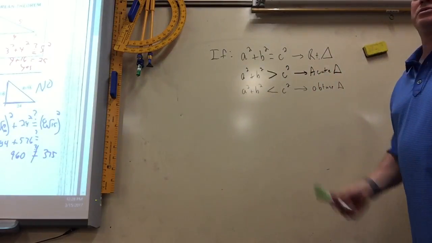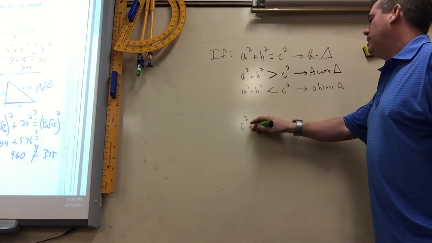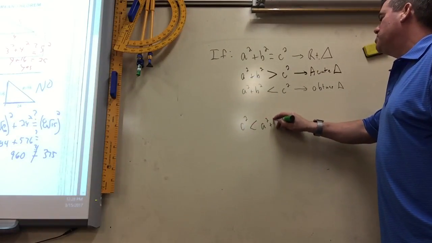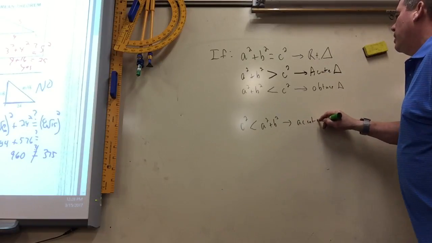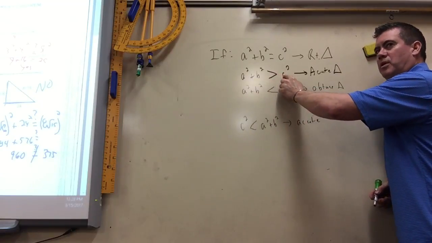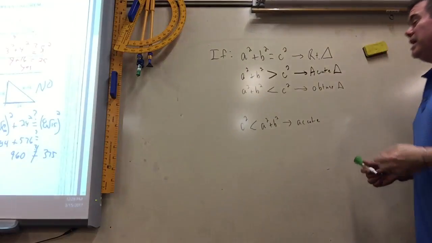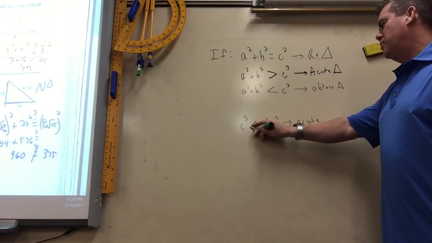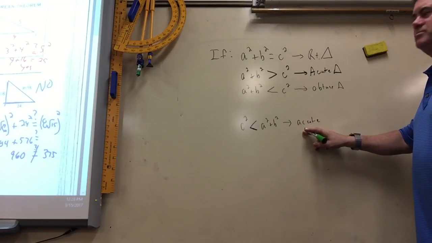Now in the book, if you look back at this, they write it backwards, and that is kind of easier to see. If c squared is less than a squared plus b squared, it's acute. It's the same thing. See the point is on the C in both of these? It's just they put the C squared first and then the A squared. So that is maybe a little easier to remember because less than you might think of acute, less than 90.